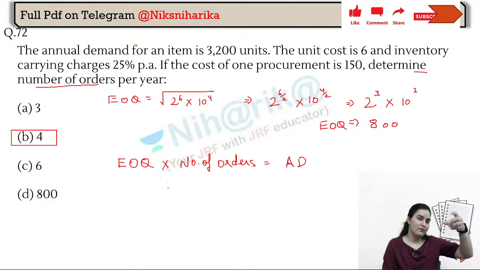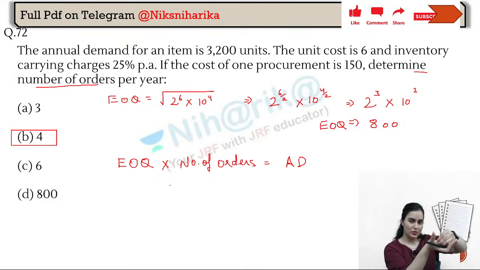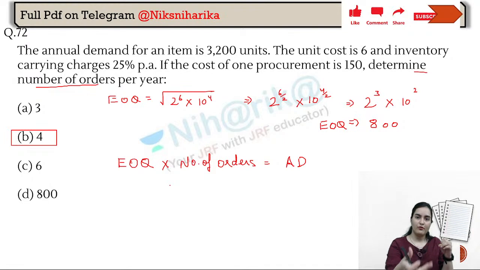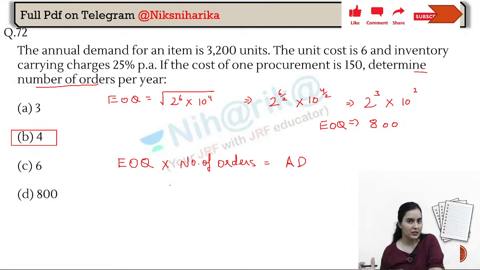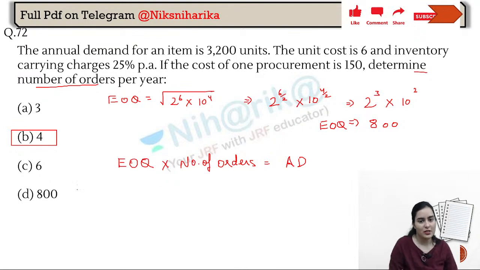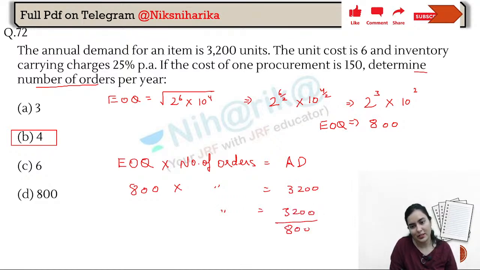If in one time I need to order 800, into so many times I'm ordering, 1 time, 2 times, 3 times, 4 times, then that becomes my annual demand or annual consumption. So 800 into number of orders is 3200. So my number of orders will be 3200 divided by 800, which is equal to 4. Getting it?